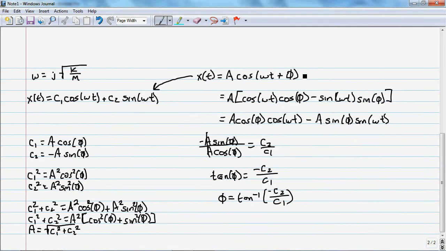So we can rewrite this in terms of the other equation, square root of c1 squared plus c2 squared cosine omega t plus the arctangent of, oh sorry, should be negative c2 over c1.